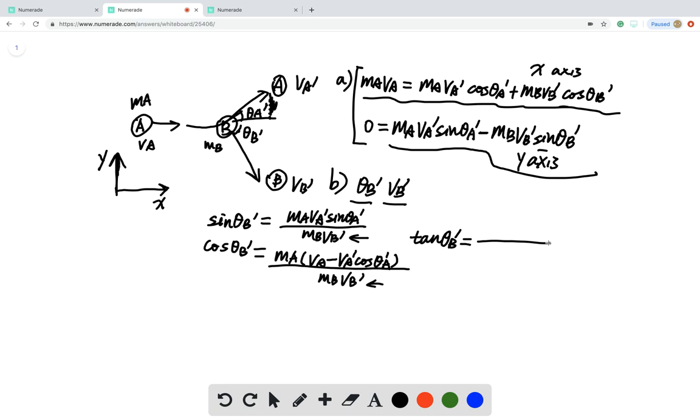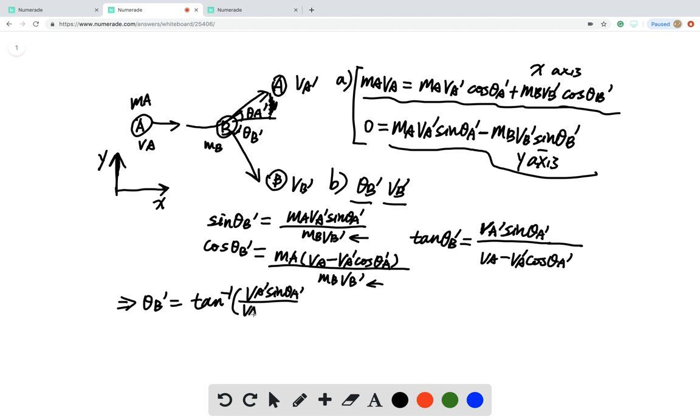So we get tangent theta B prime equals VA prime sine theta A prime over VA minus VA prime cosine theta A prime. Great, because all of the quantities in this expression are already known. So from that, we will be able to find theta B prime equals arc tangent of VA prime sine theta A prime over VA minus VA prime cosine theta A prime.